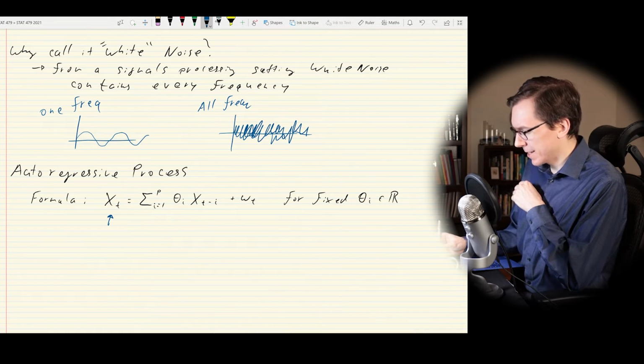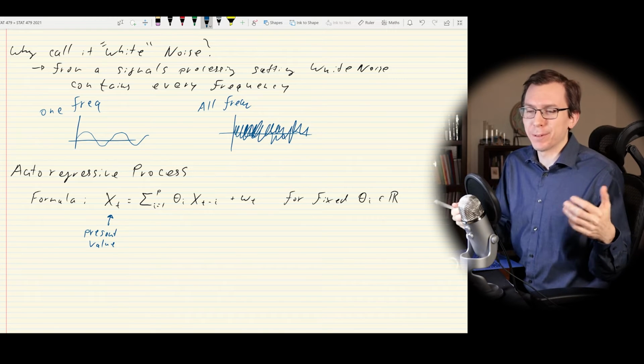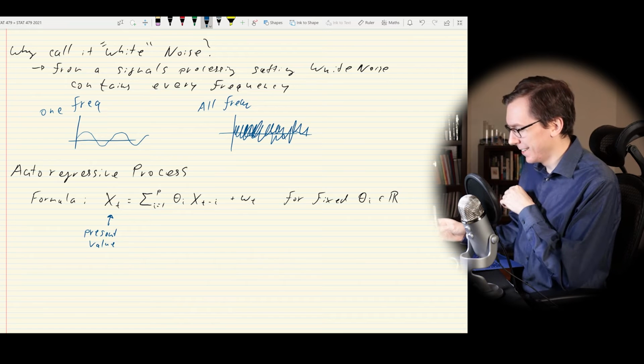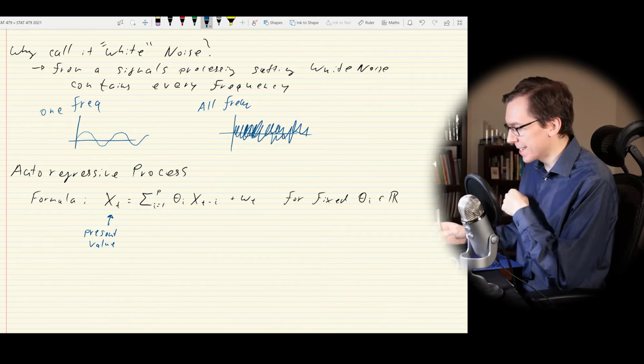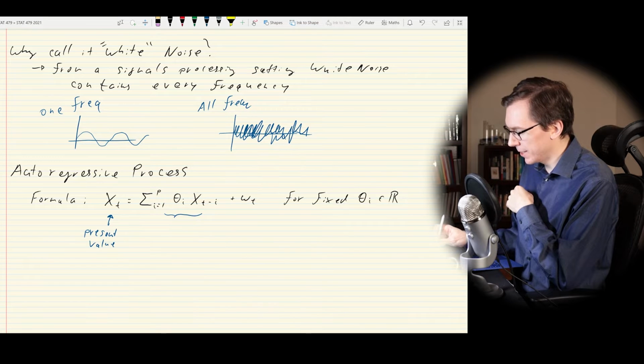What we have here is the present value of whatever x is. x could just be the price of some stock. It could be the temperature outside in the city. It could be the number of daily COVID cases. And this is going to be a linear combination of p past values.